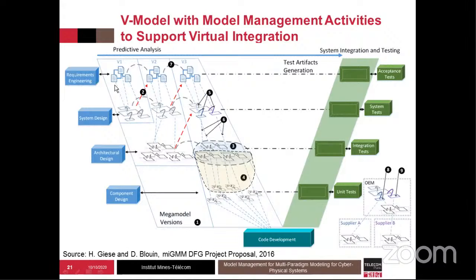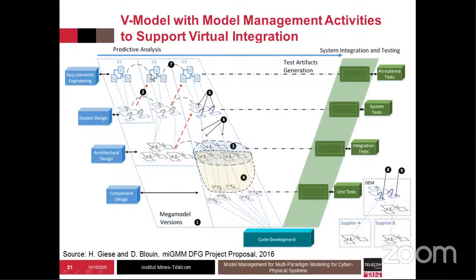Each square here represents more or less a model, and the lines between them are the relationships. So typically, you will start with a set of requirements that you also express as models, and you start your design. And then as you do your design and your verification, you may even discover, for example, that there are some errors in your requirements.